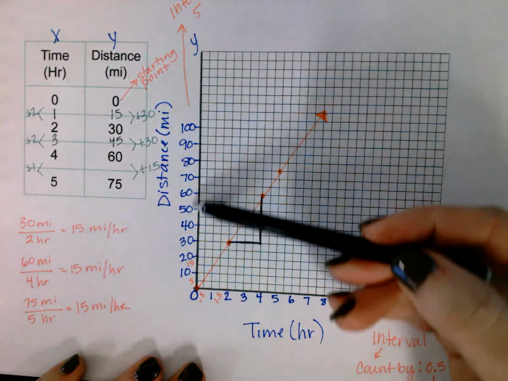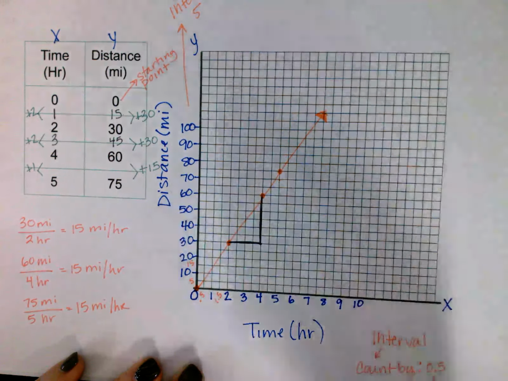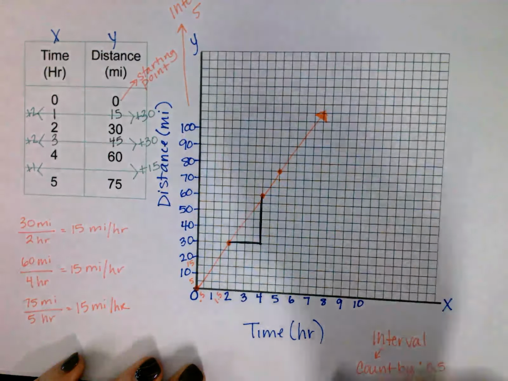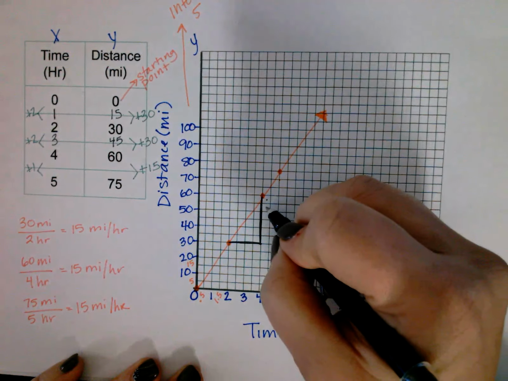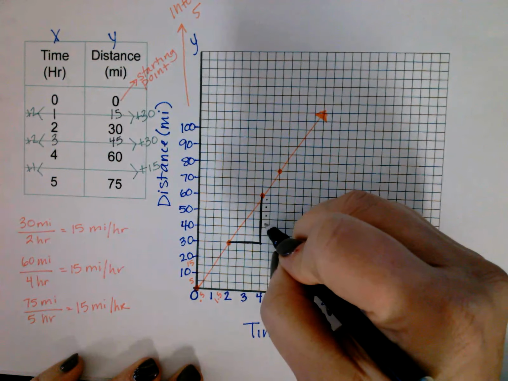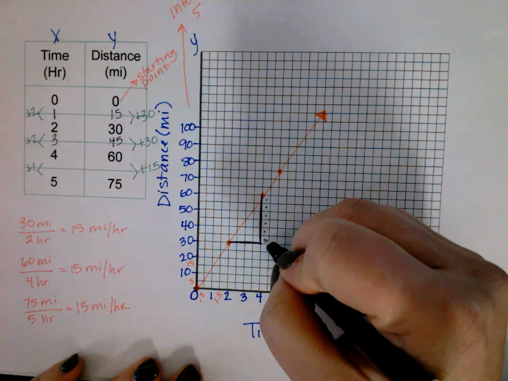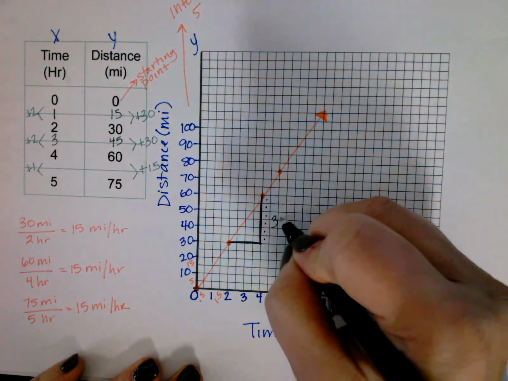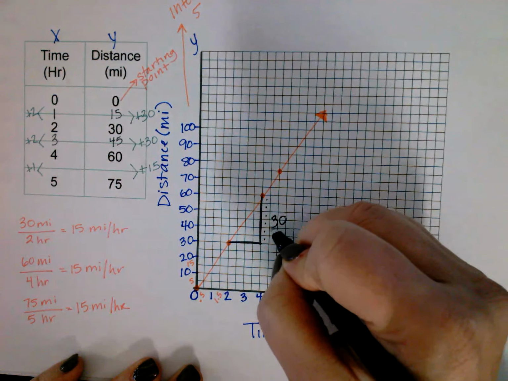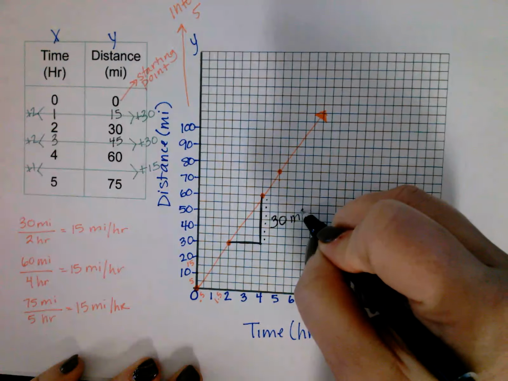Remember, our interval that we counted by is really 5. So this would be 5, 10, 15, 20, 25, 30. This is a change of 30 miles.